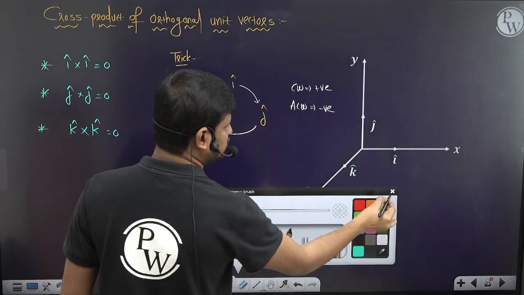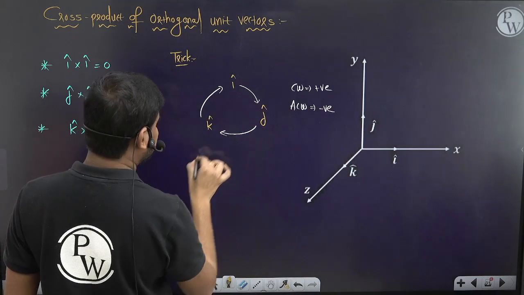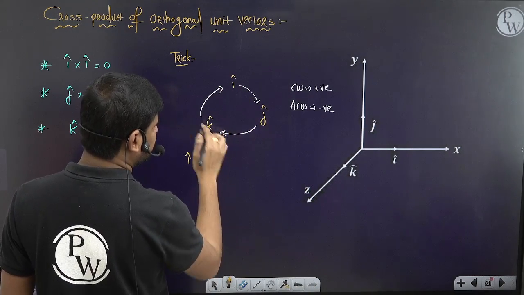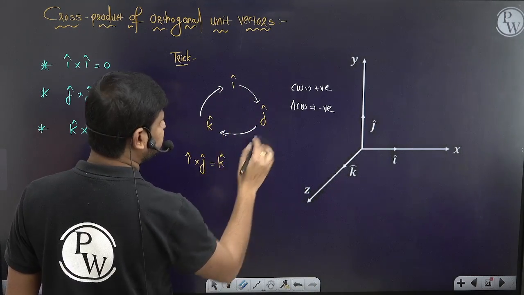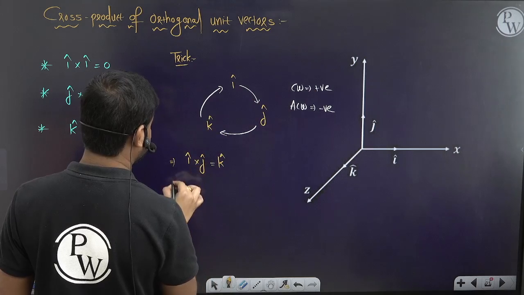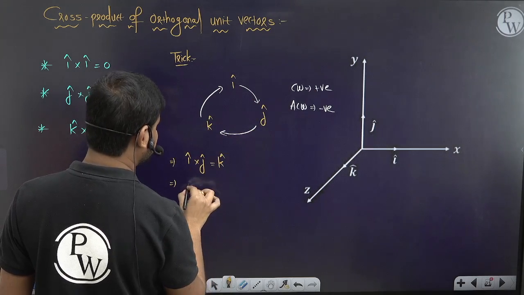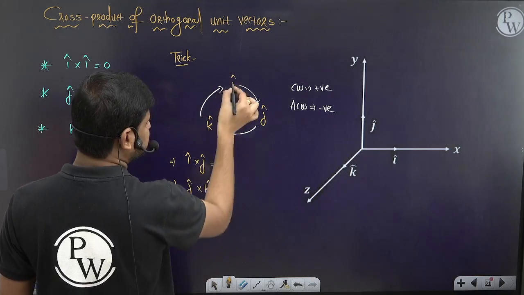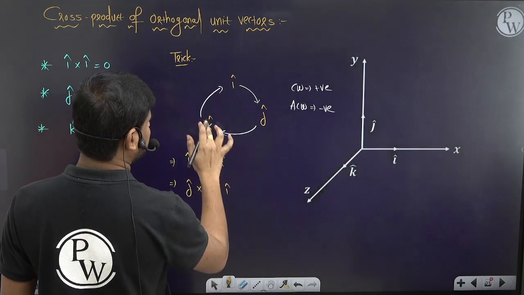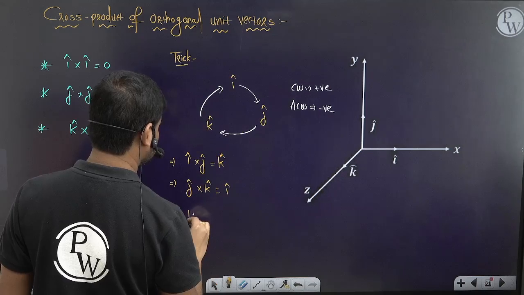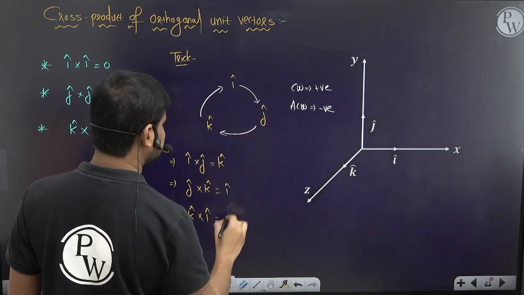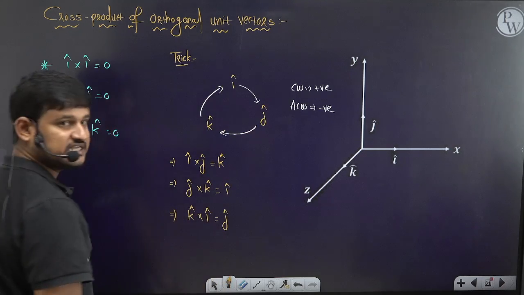First move clockwise. I cross J, clockwise, will result in plus K. Then J cross K is I cap, clockwise. Then K cross I is J cap.